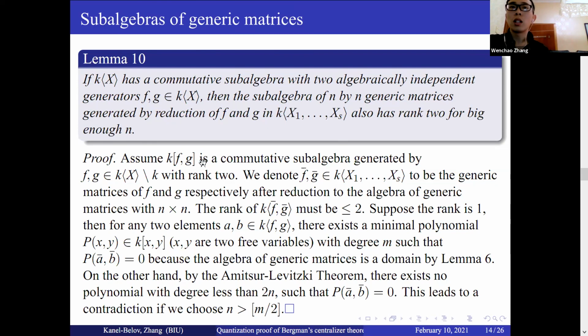So this gives us a relation between the original free associative algebra and the generic matrices. This means that if we can prove something in the generic matrices, then we can get the same contradiction for the free associative algebra.